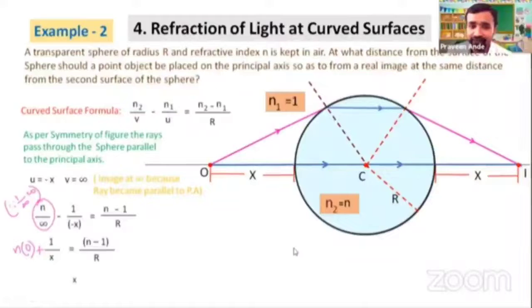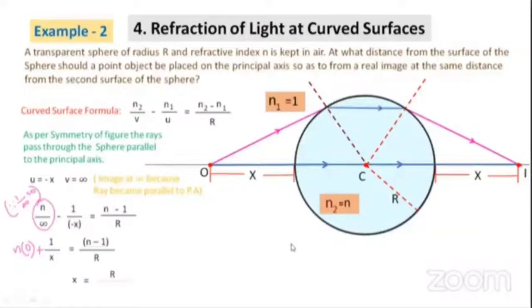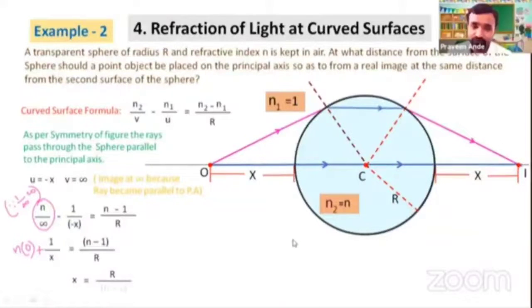So x equals r by (n minus 1). Both sides reversed, fractions are reversed, it is not a problem. That is only called the reciprocal. Reciprocal means reversing the fraction on either side. So I got x equals r by (n minus 1).